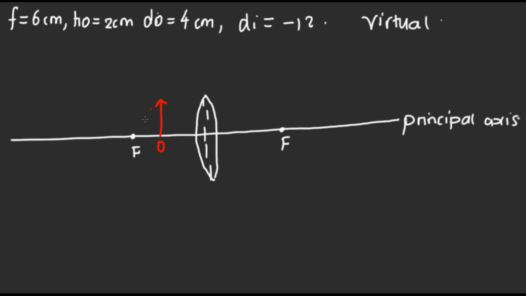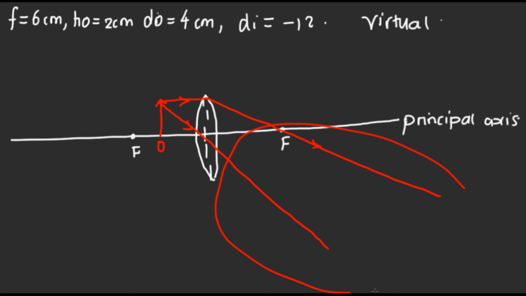So if we draw a line parallel to the principal axis, then another one passing through the center, if you look at these two rays of light, in this region here they are spreading apart. So now what we do is draw a dotted line going backward.